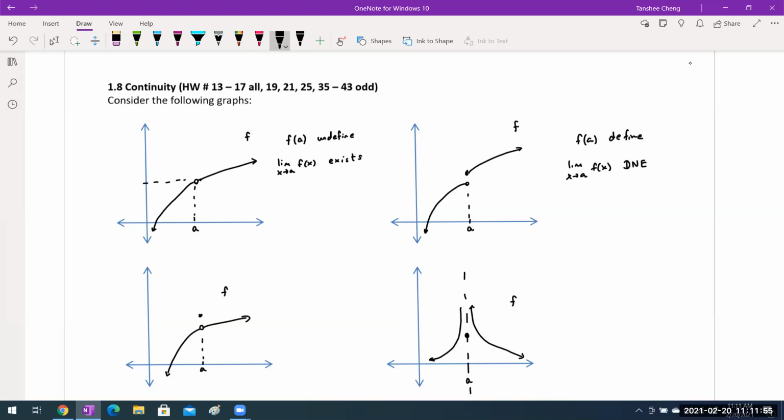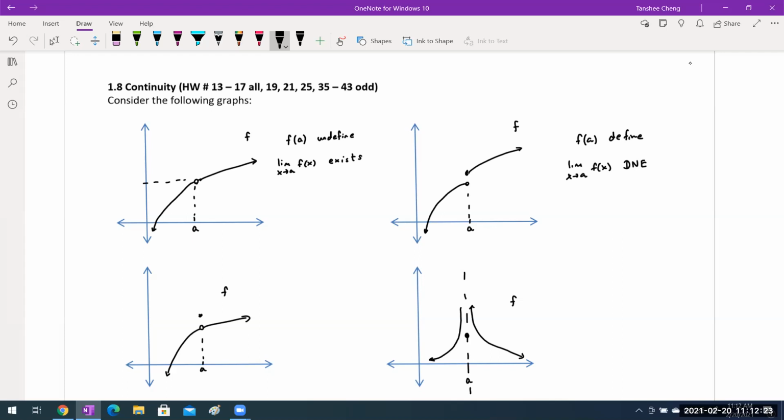As you can see right here, to draw this graph, I have to lift up the pencil, put a hole, and then continue drawing on the other side. So in terms of calculus, how are we going to define whether it is continuous or not? Let's look at a couple more examples, and then we can jump down to how we define continuity.